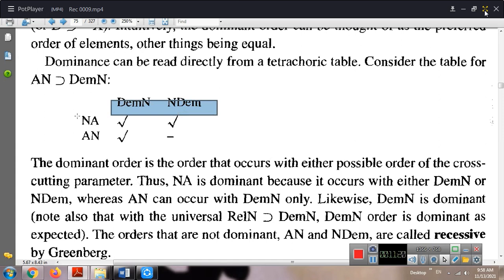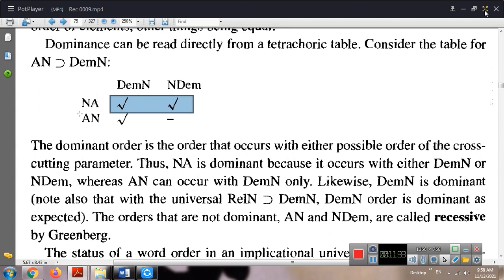Thus, noun adjective is dominant because it occurs with either demonstrative noun or non-demonstrative. Whereas adjective noun here can occur with demonstrative noun only, not with non-demonstrative. Likewise, demonstrative noun here is dominant.